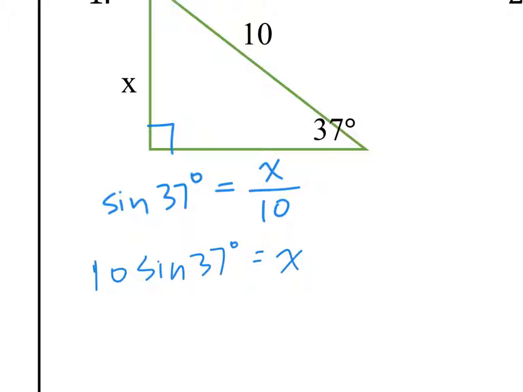Okay, and then just put that in your calculator. Now, it says 37 degrees, so make sure your calculator is in degrees mode, or else your answer will be entirely wrong.